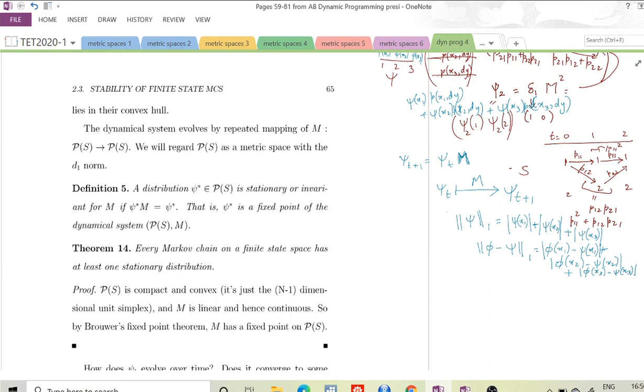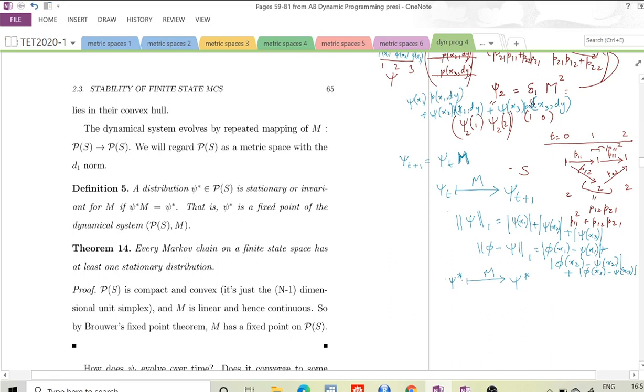And we'll say that a distribution C star is stationary or invariant for M if this equation holds: C star times M is equal to C star. Okay, in other words, C star is a fixed point of this system. If C star is stationary or invariant, post multiplication by M is like picking up this point and dropping it back to the same point.